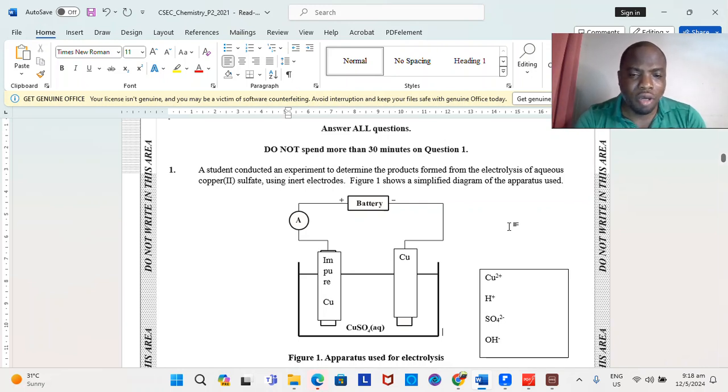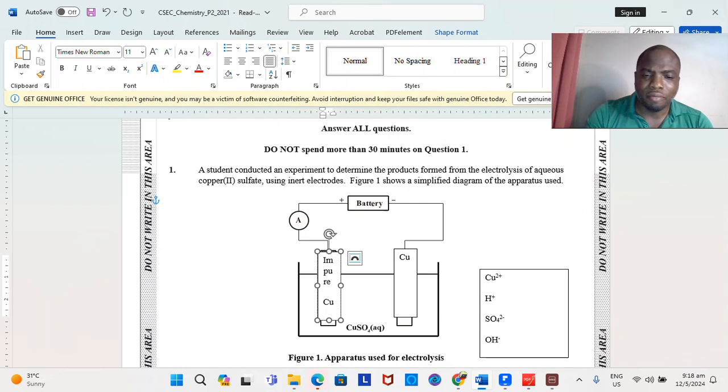And so earlier on we spoke about this. Now what you would have is an active electrode, where the electrode is going to take part. In this impure copper, you have substance that is not copper, and that's why it's impure.